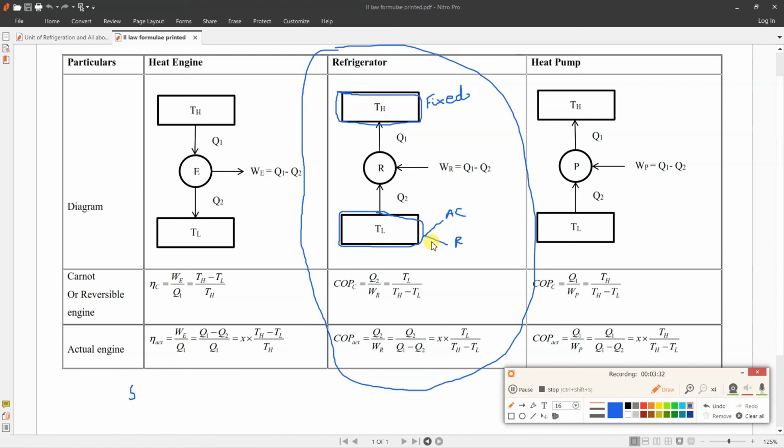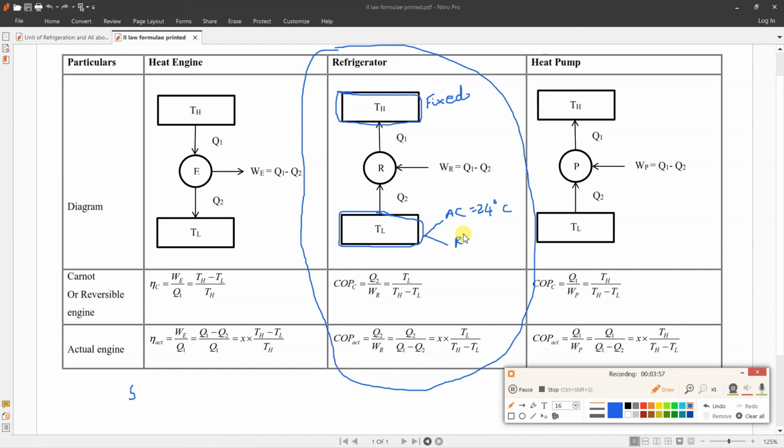What is the temperature at which you operate the air conditioner? It is usually 24 degrees Celsius. For human comfort, we keep the temperature at 24 degrees Celsius. And if you consider a refrigerator, if you consider the freezer, it is, just for example, minus 19 degrees Celsius.